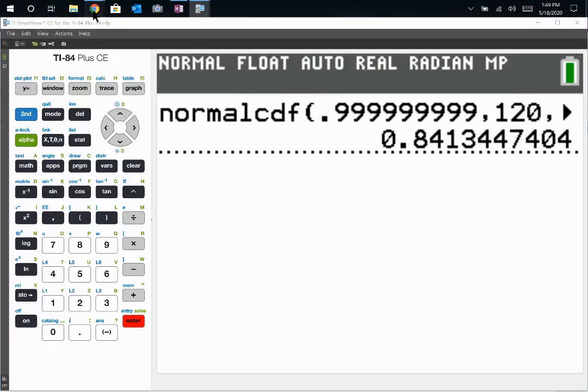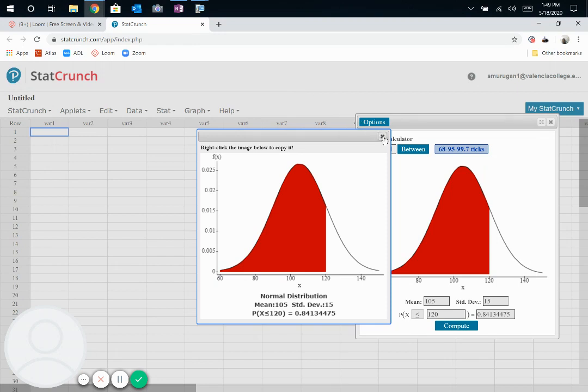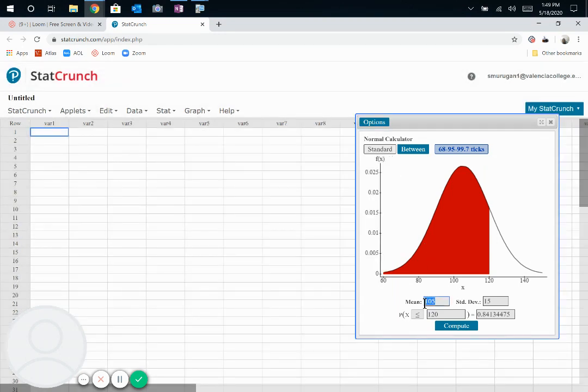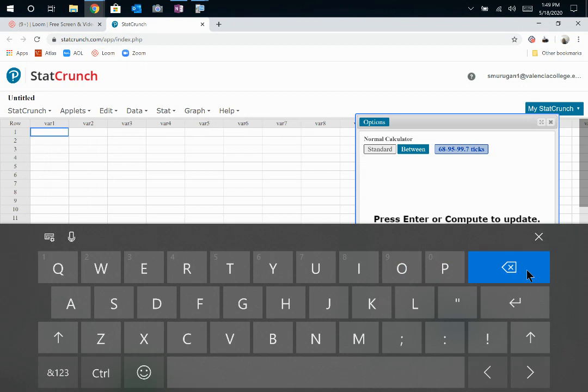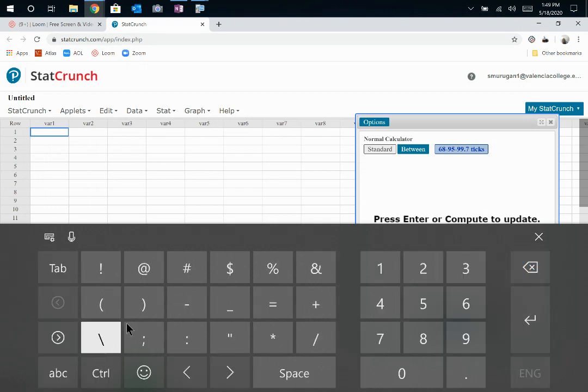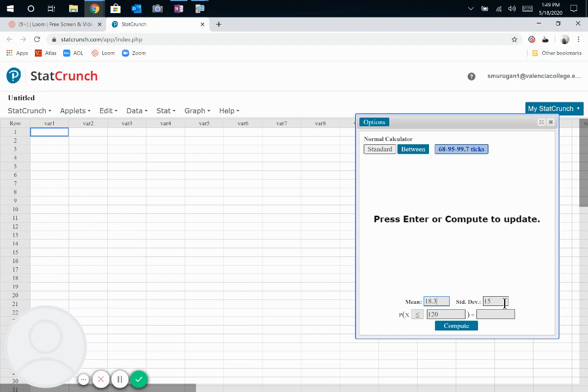That's much friendlier. Mean is 18.3. Standard deviation is 1. So we just need to go back one decimal place here.